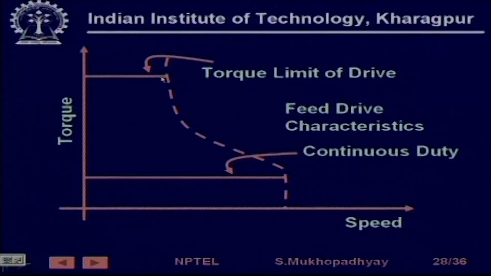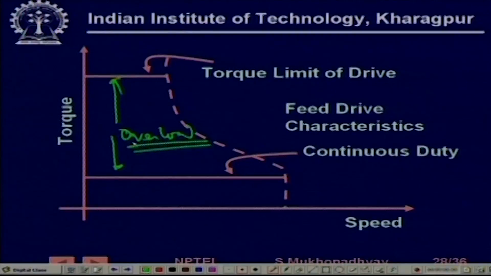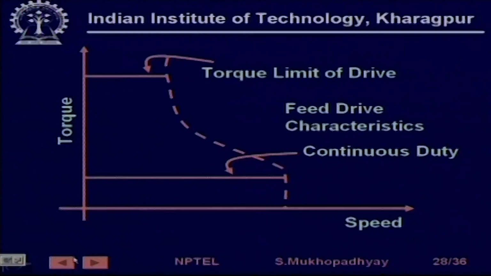Therefore, for short periods the machine should be able to handle a good amount of overload torque. So, high overload torques for short durations such drives should be able to provide, while for continuous duty, a much lower level of torque may be achieved.